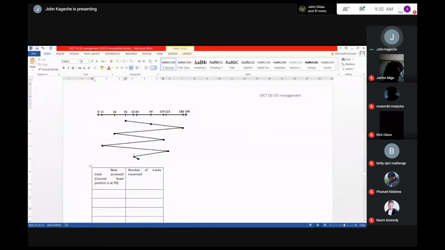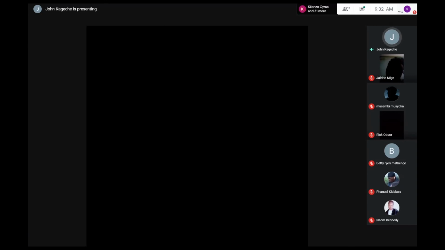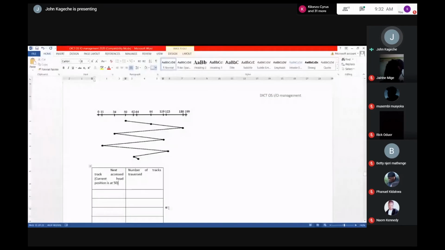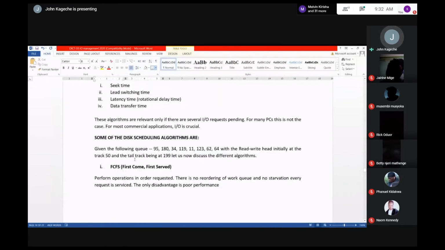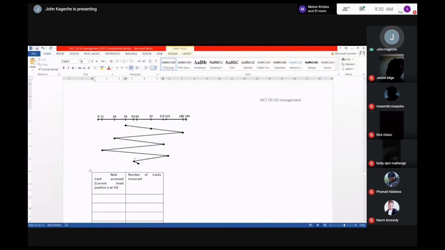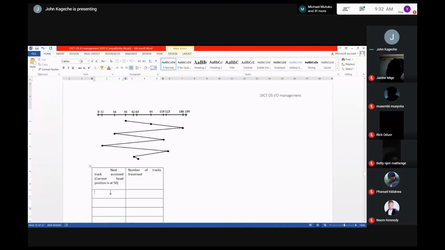So now you are moving from 50 to 95. If you compare with the diagram here, we are now at track 95. That is the first. Now from 95, you'll come here and say 95.